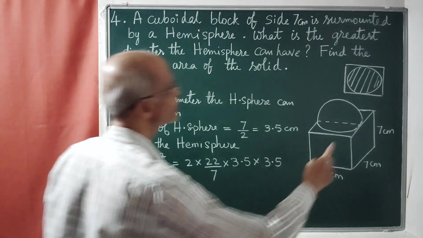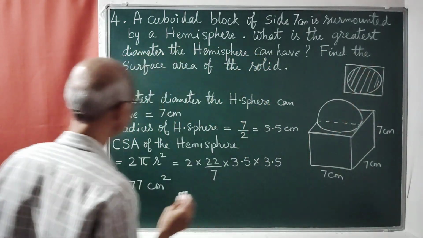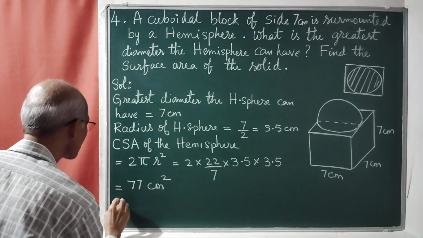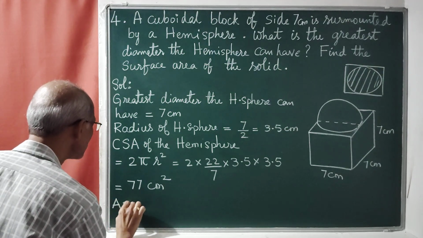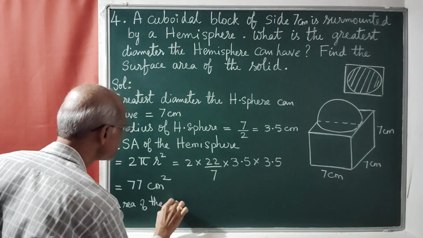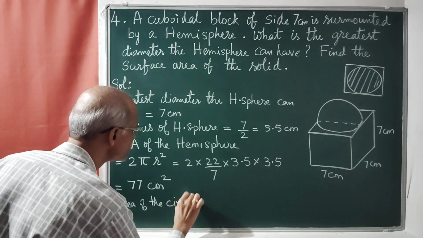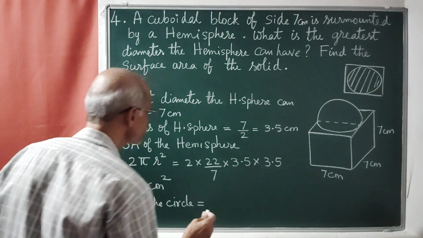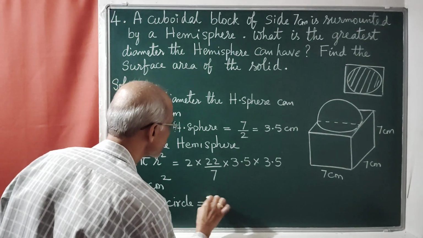Now we'll find the area of the circle. Area of the circle is equal to pi r square.